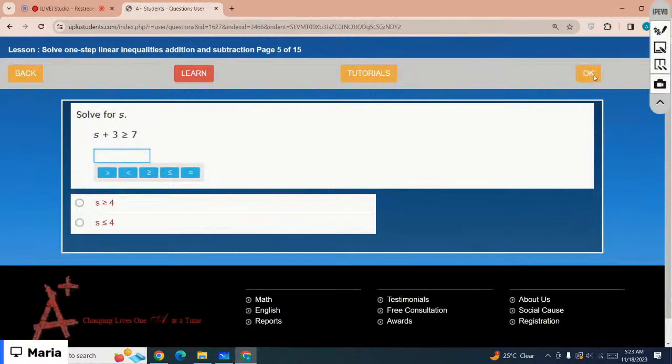Okay, S plus 3 is greater than or equal to 7. Which is the correct option? Yes, the correct option is S is greater than or equal to 4.